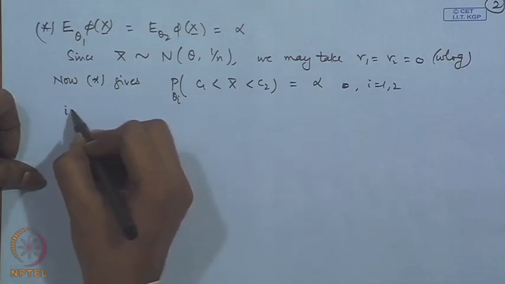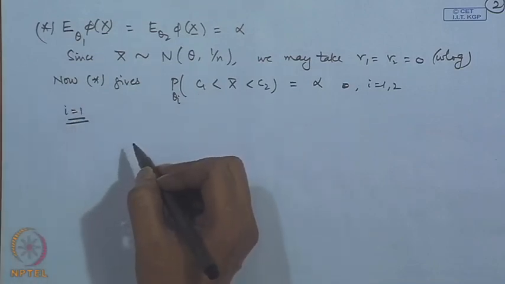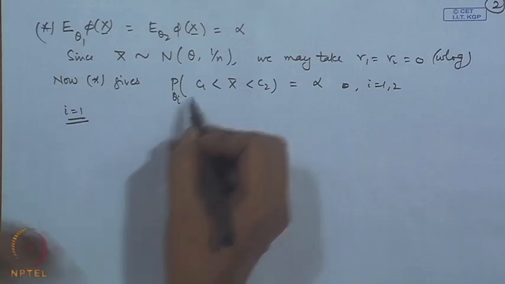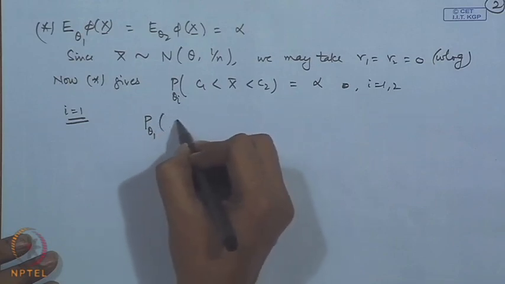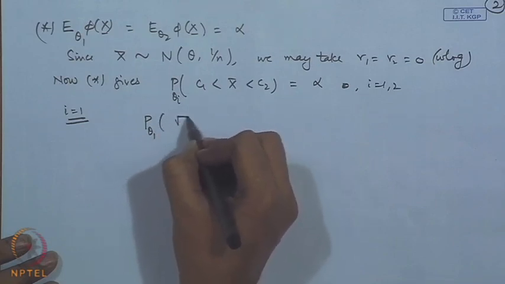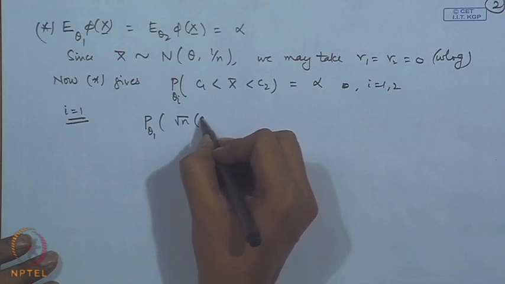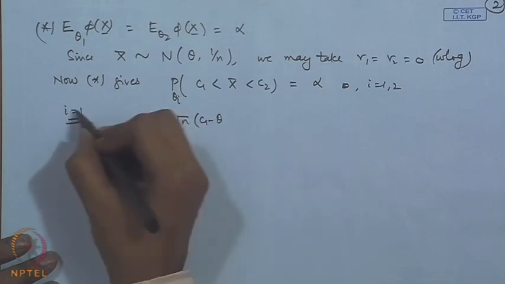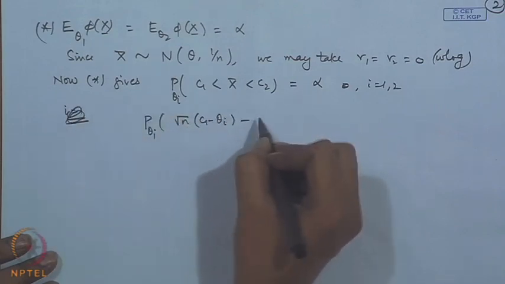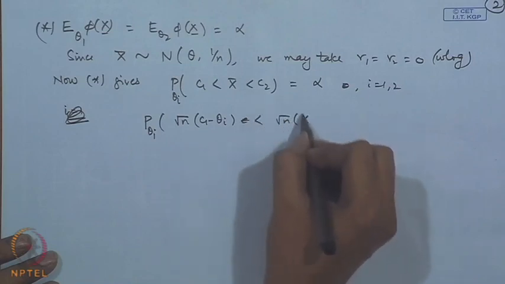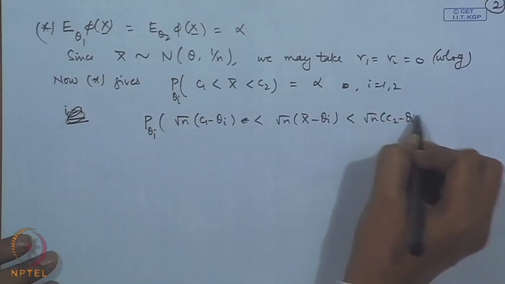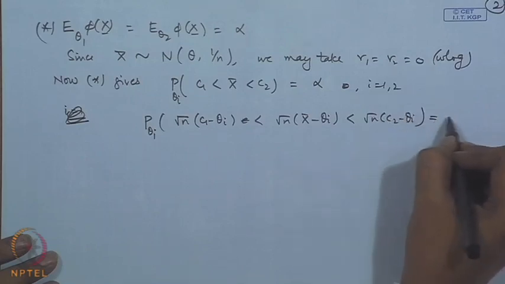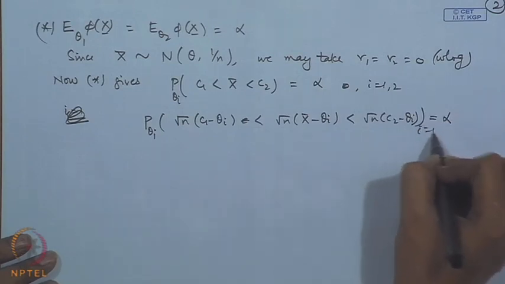So for i equal to 1, this condition can be transferred to the standard normal variable. We will get root n (C1 minus theta i) less than root n (x bar minus theta i) less than root n (C2 minus theta i) is equal to alpha for i equal to 1, 2.